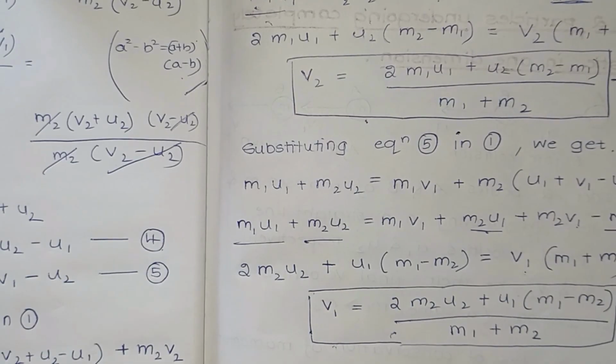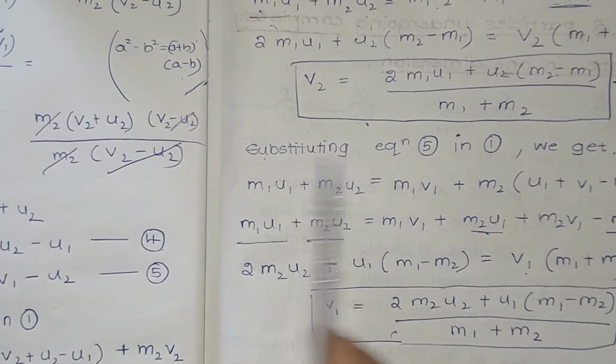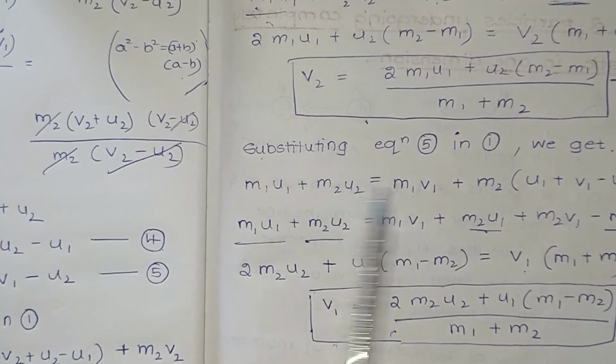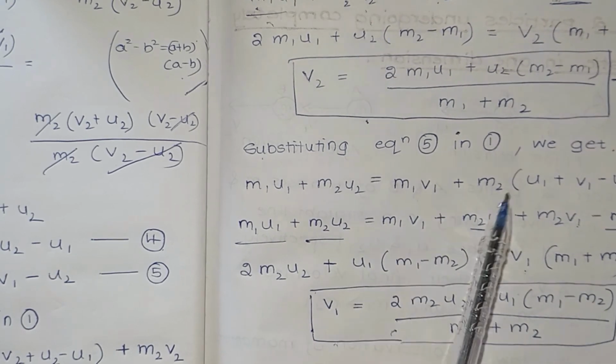Multiply m1 with the terms inside the bracket, then take m1 u1 and u2 common with m2 minus m1 on one side, and v2 common with m1 plus m2 on the other side. By substituting equation 4 in 1, we get v2. Similarly, by substituting equation 5 in 1, we get v1. Hence we obtain the final velocities of two particles undergoing elastic collision in one dimension.